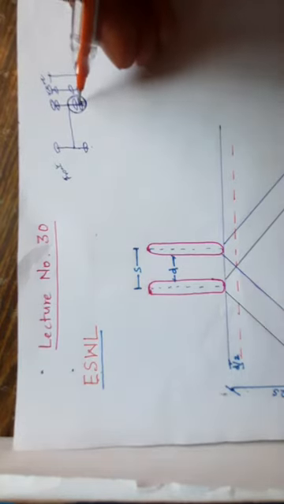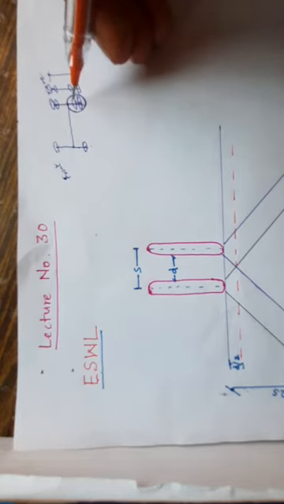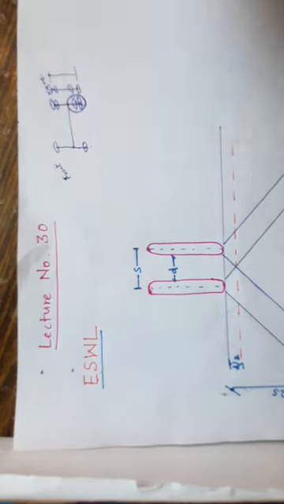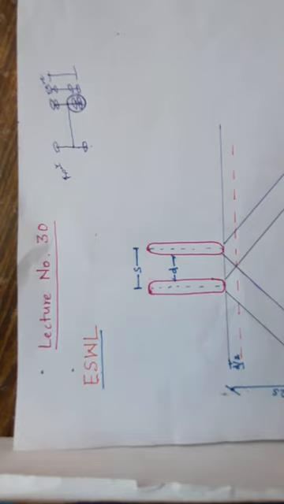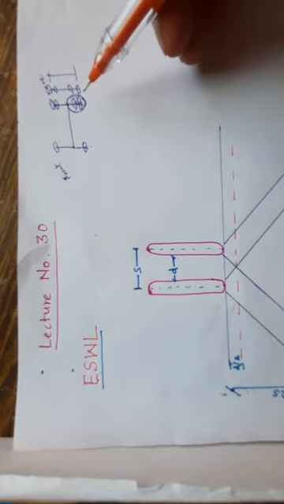What is the necessity of adding one more wheel here? That concept is explained in the equivalent single wheel load. In order to limit the maximum load on a single wheel to the specified limit, and to carry a much higher load, it is necessary to provide the dual wheel load assembly on the rear axle of heavy road vehicles.